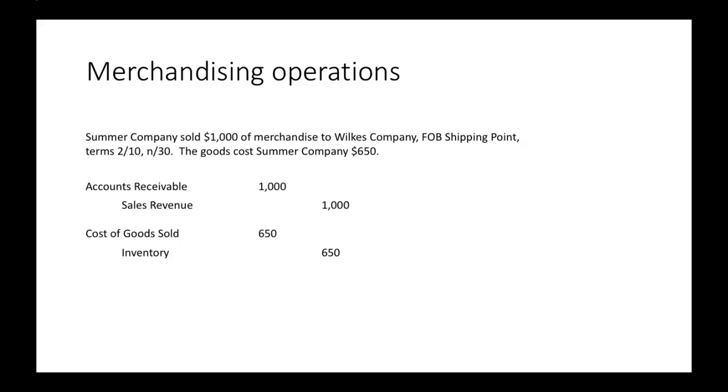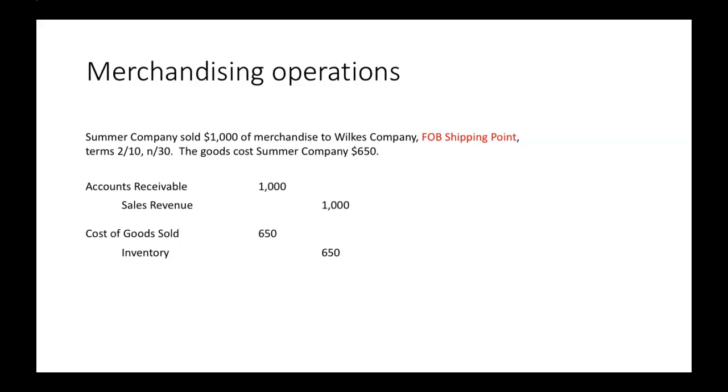Then we credit inventory $650 because we need to show that we don't have as much inventory anymore. Our inventory is going down because we just sold some to Wilkes Company. So those will be the entries whenever a merchandising company makes a credit sale. Remember that we have those two entries that are required.